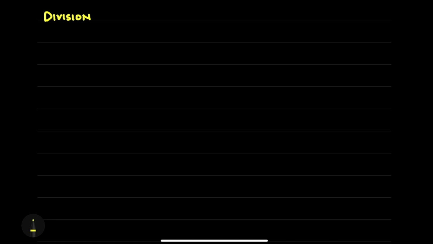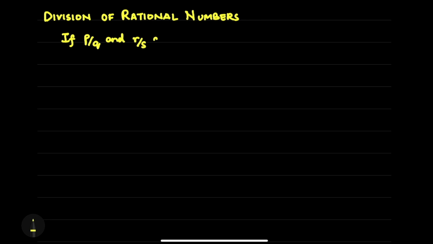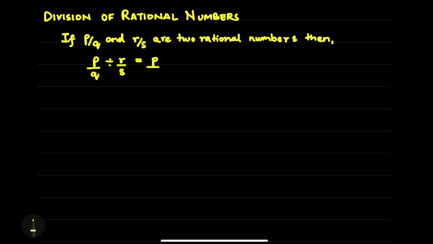We will now look at the division of rational numbers. It states that if p by q and r by s are two rational numbers, then p by q divided by r by s is equal to p by q into s by r, which is equal to p into s divided by q into r.